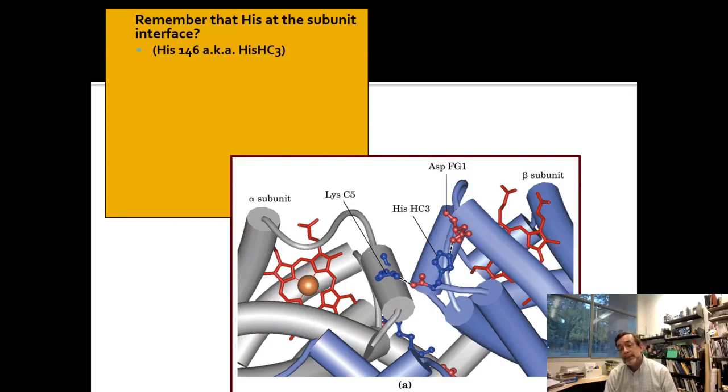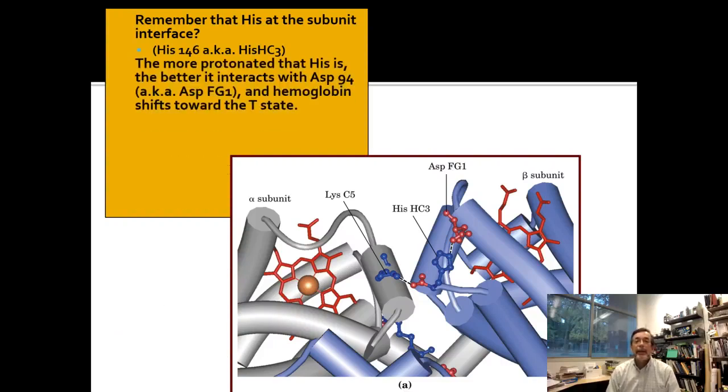Which means if we're looking for a group that could accept a proton or donate a proton, it could shift its pKa, it's around 7. That would be the kind of group that could account for the Bohr effect. And the direction of the movement also accounts for the Bohr effect. If you add more protons, that histidine is going to get more positive charges.